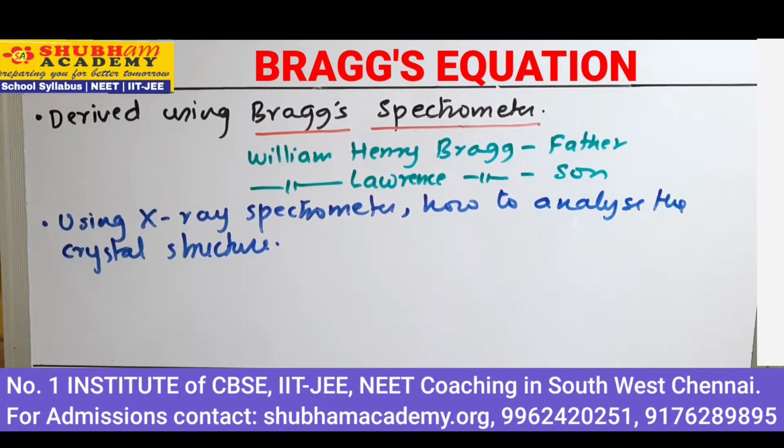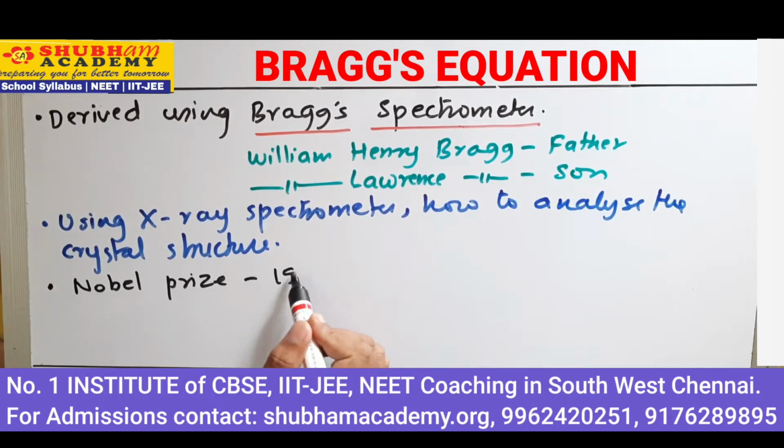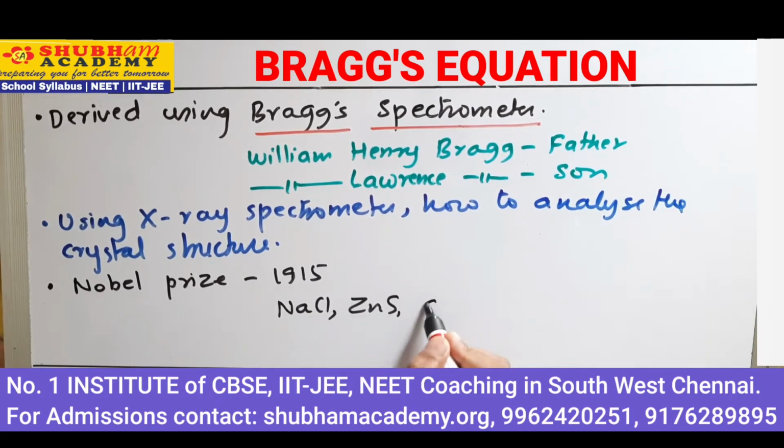And they got a Nobel Prize for this in 1915, okay? They got the Nobel Prize in 1915 for studying crystal structures like NaCl, ZnS, diamond, etc., right? So now we will see first the Bragg spectrometer and then using this we will try to find Bragg's equation, okay?